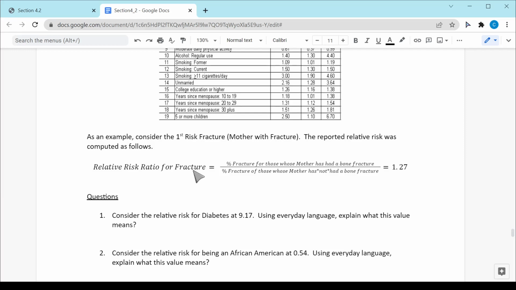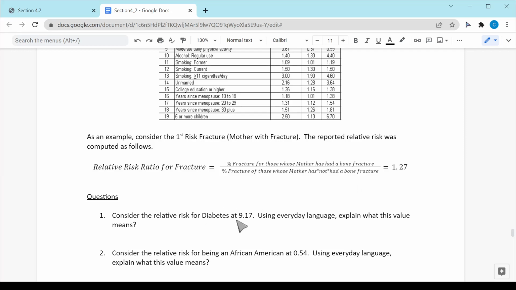If the mother had a bone fracture, their risk increases a little bit. They have a 1.27 times higher risk of having postmenopausal osteoporosis compared to the other group, whose mother did not have a bone fracture.